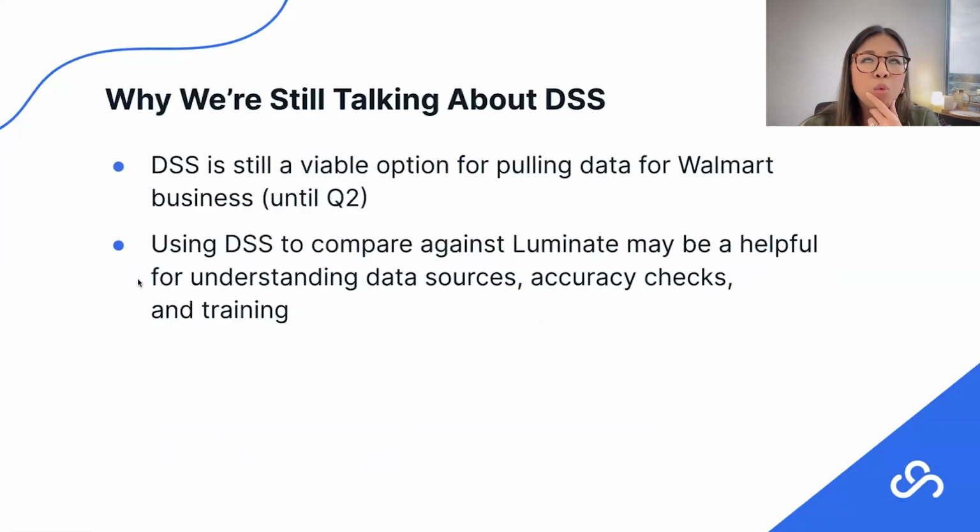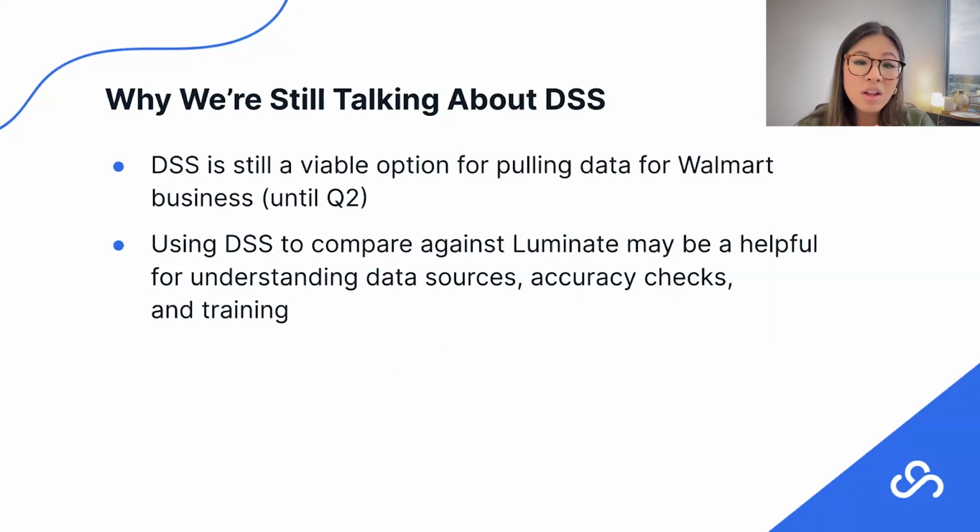One reason why we're still talking about DSS, as we mentioned in the previous slide, is that it's still going, and it will be sunset in a couple of months. But we still wanted to talk about it because what we have found from a lot of our supplier partners is they are utilizing DSS to pull as much data as possible out of it before it officially sunsets.